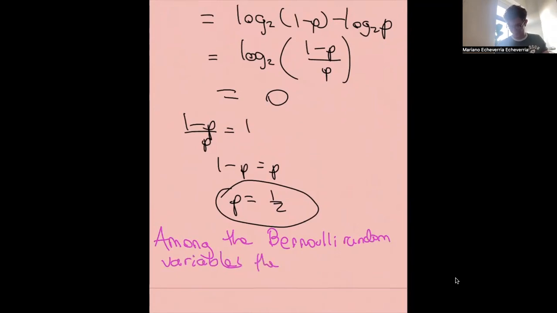The fair case, where p equals 1/2, maximizes the entropy. So far, so good. Is that making sense?